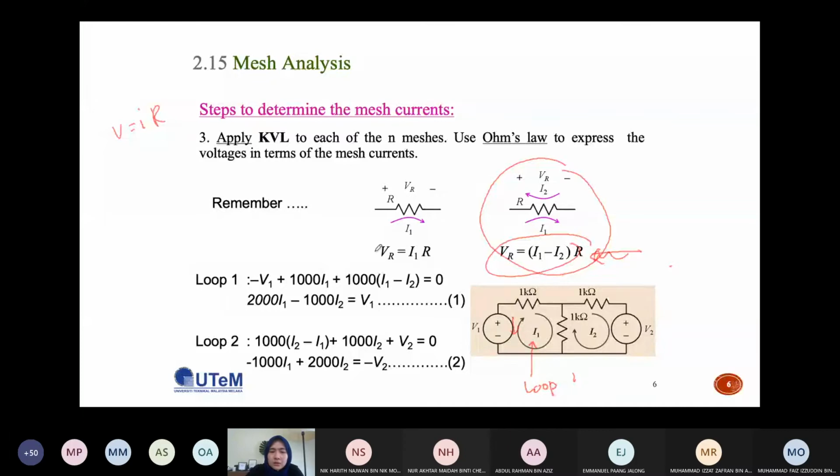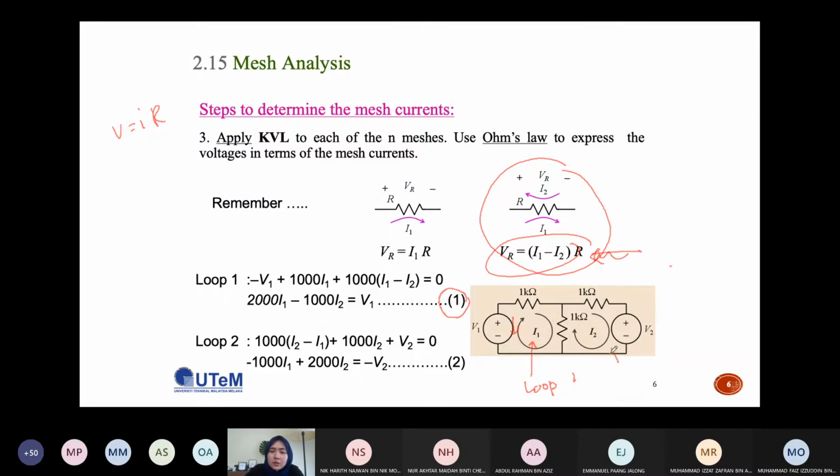Then if you simplify this equation, you will get 2000 I1 minus 1000 I2 is equals to V1. So this is our first equation based on loop 1.